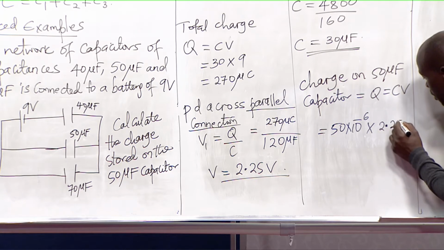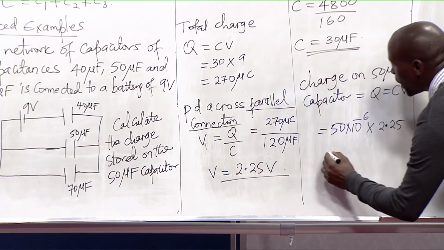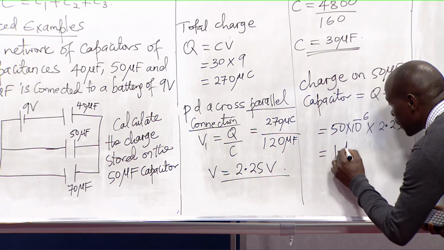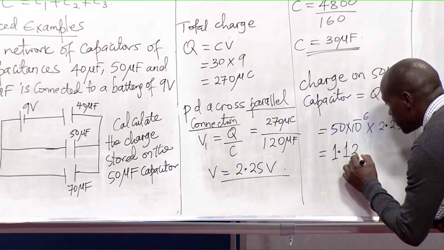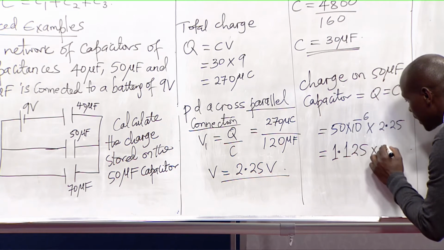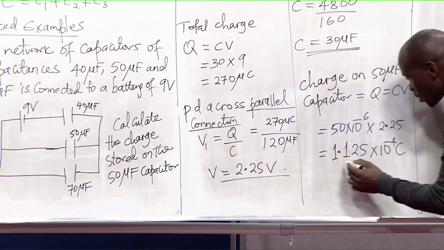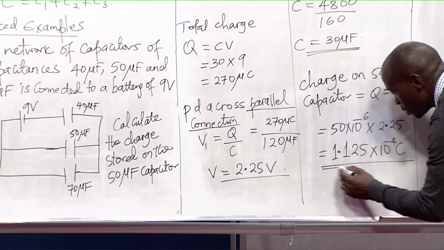This is a decimal point. It may look like a 0. So when you multiply through, 50 exponent negative 6 times 2.25 gives us 1.125 exponent negative 4 coulombs, because we're talking about charge.